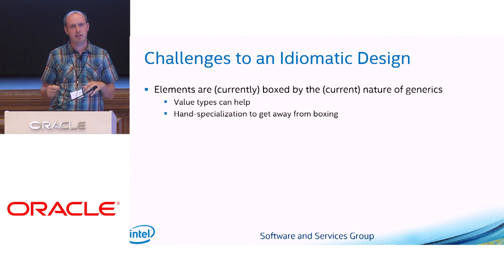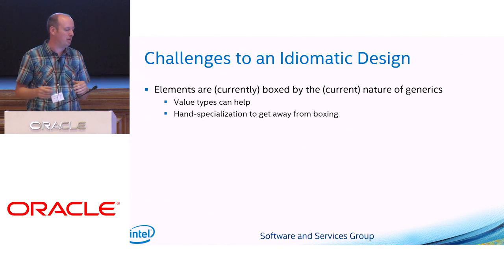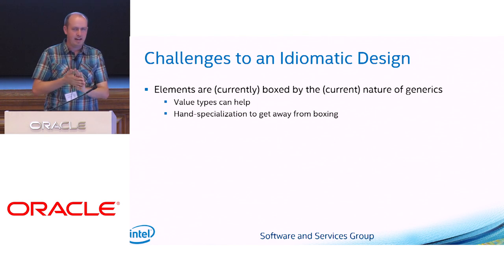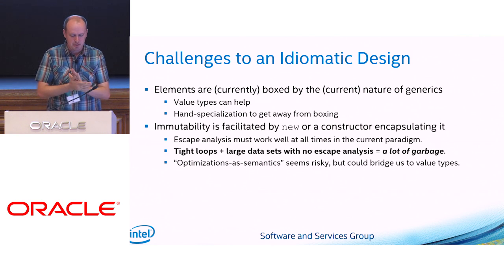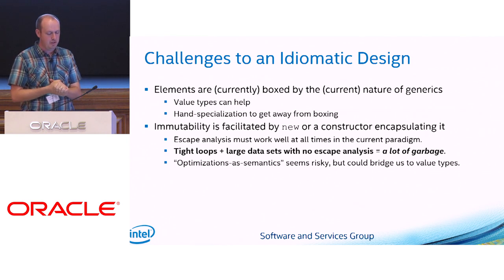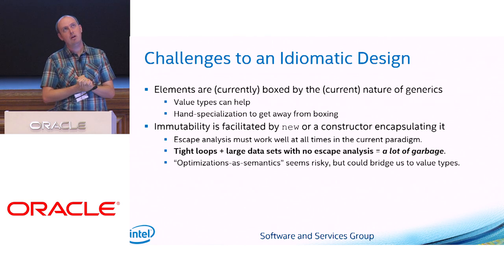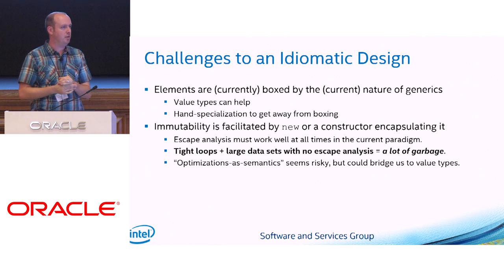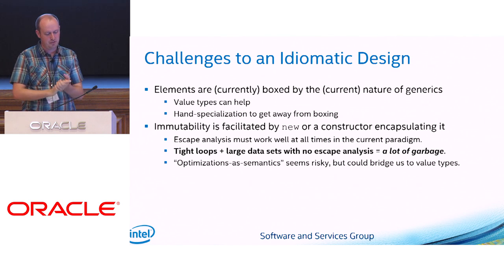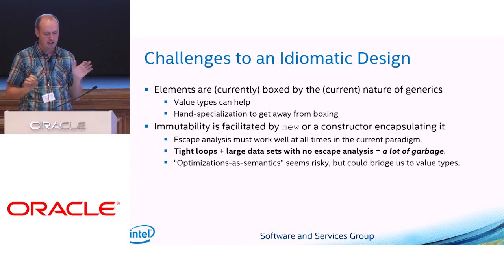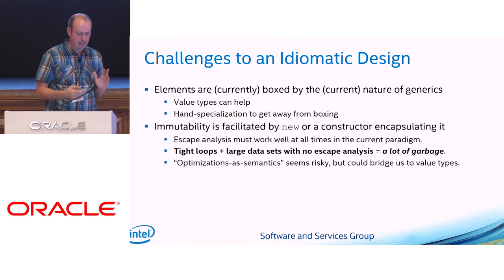Well, we're kind of stuck until value types come, but that's okay. We can do a lot of hand specialization to get rid of our boxing. Immutability, in this case, is facilitated by new, which is fine so long as escape analysis can work on it. So if we can ramp up escape analysis and our coding styles so we can avoid unnecessary allocations, fine.